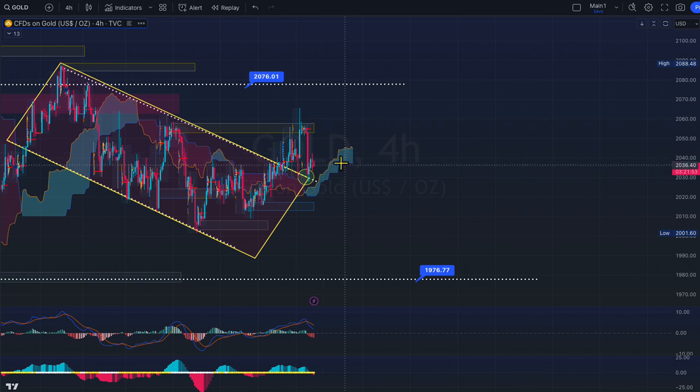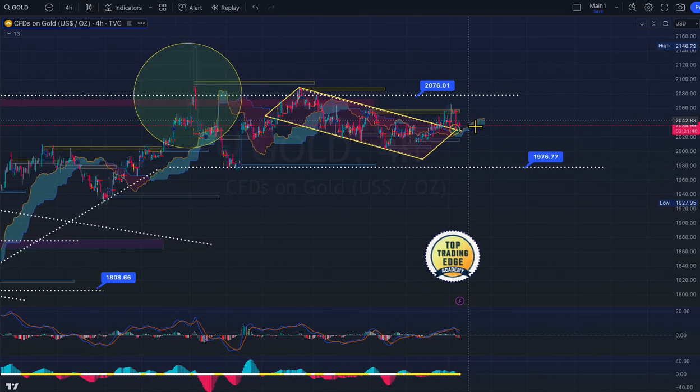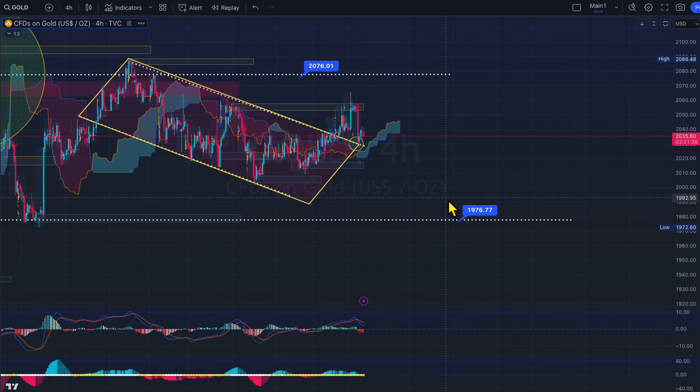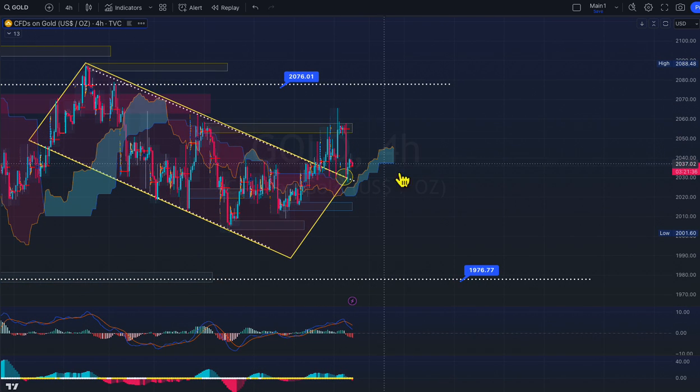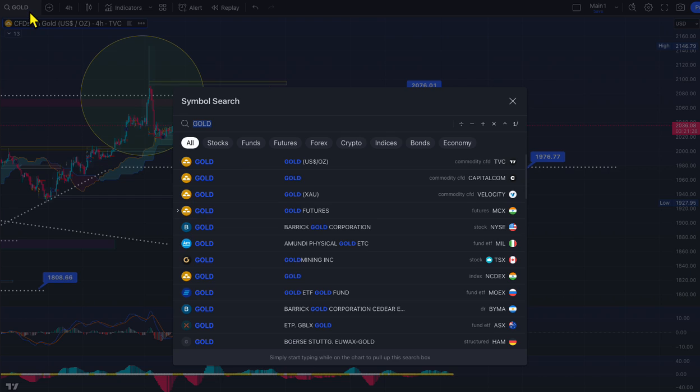Most likely we're going to validate here, and gold looking bullish. But how much? Right here is nothing much, folks. It's 2,000 to 2,100, not even 2,100. But this is a bullish flag. So gold is still bullish, but it's around 2035, and the resistance is 2054. So not much in gold.